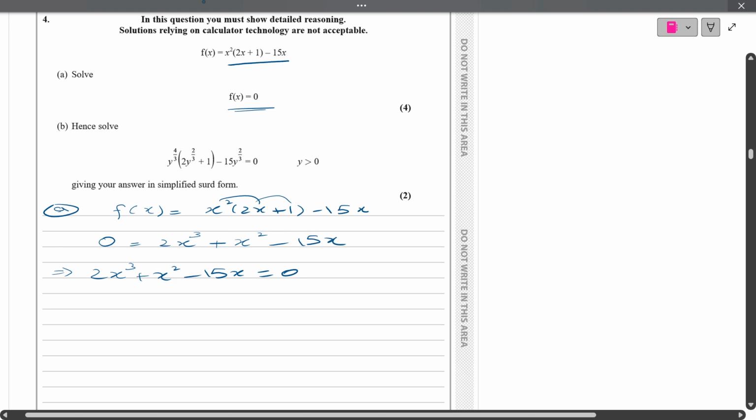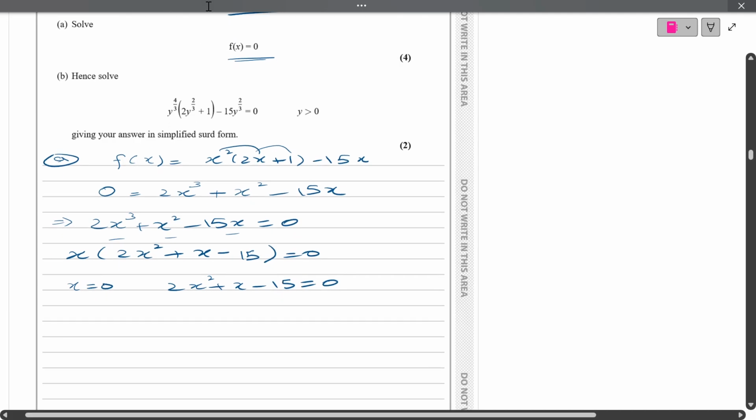Then we can take x common because x is present in all three terms. So x(2x squared + x - 15) equals 0. So either x equals 0 or 2x squared plus x minus 15 equals 0.